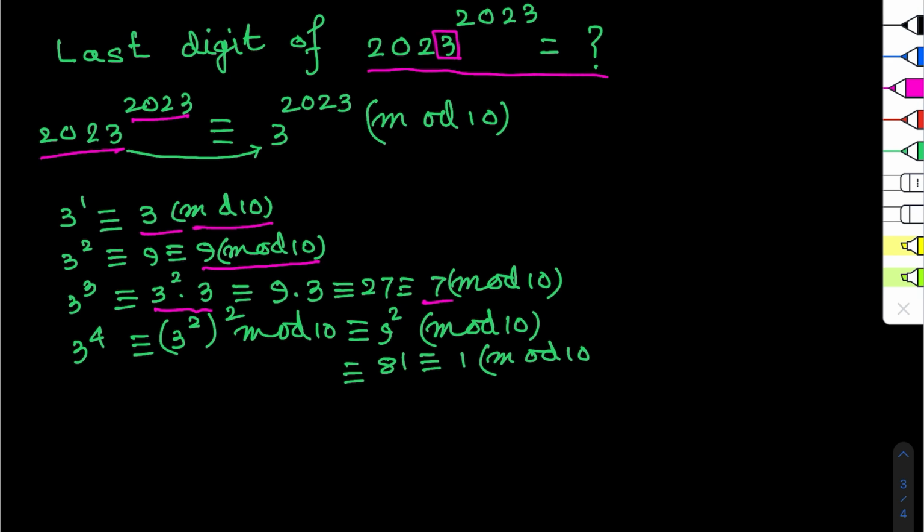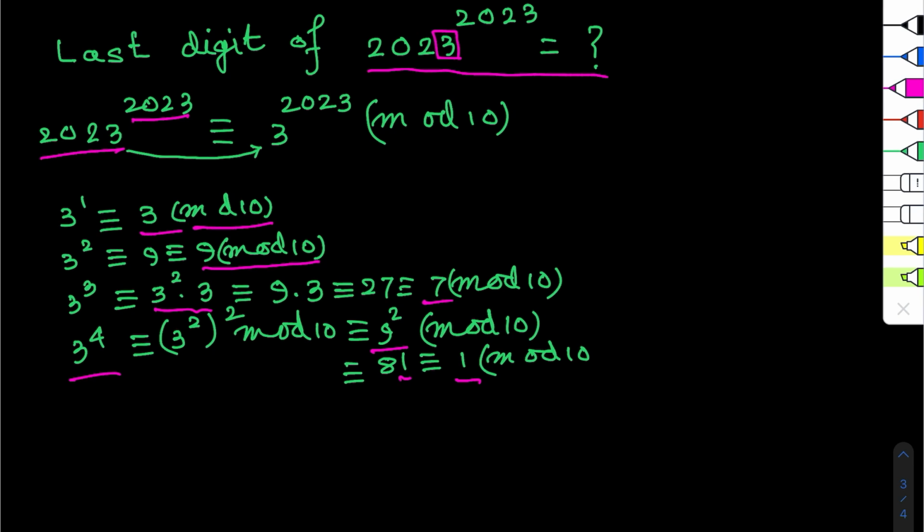Then for 3 to the power 4, that is 3 to the power 2 whole squared, 3 to the power 2 means 9, so 9 squared is 81. For 81 we get 1 as the remainder when divided by 10. So 1 is the last digit of 3 to the power 4.